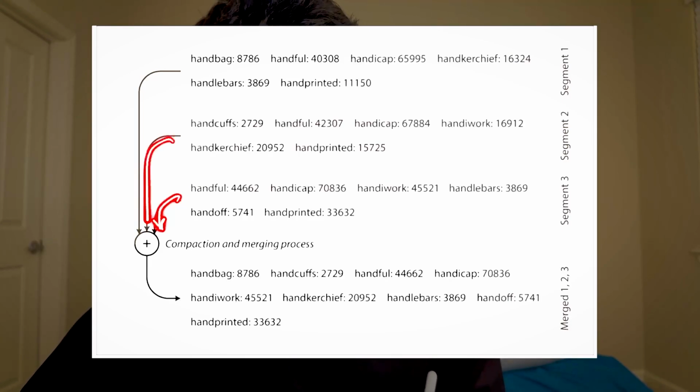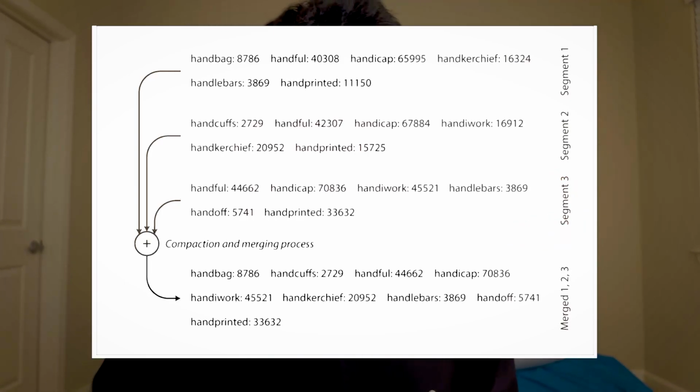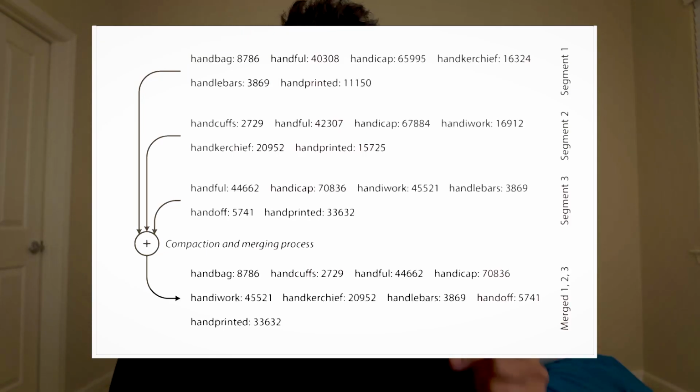So how the merging process works is, we know segment 3 would be the latest segment, right? So for the compaction and merging process, if you are into LeetCode, you must have solved the question which is merging sorted arrays, and it is exactly like merge sort, exactly that algorithm.